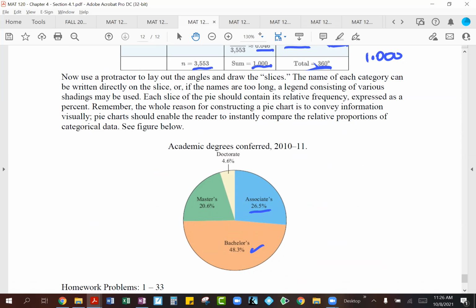After that, we had associate's degree at 26.5%, master's degree at 20.6%, and a small chunk compared to that of 4.6% who got their PhDs, right? Who got their doctorate. So that's kind of the idea behind constructing a pie chart.